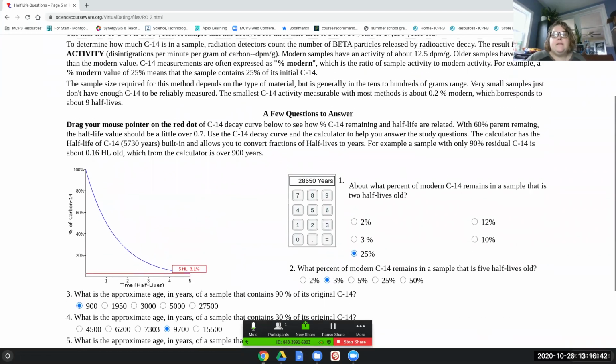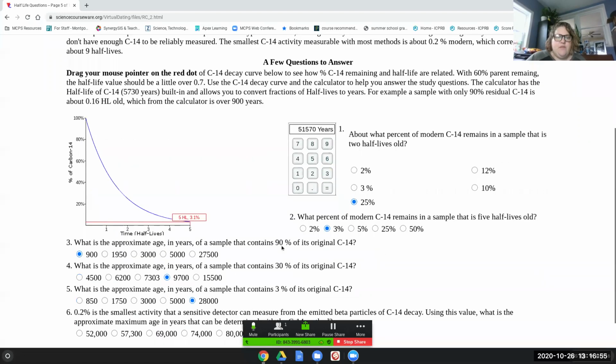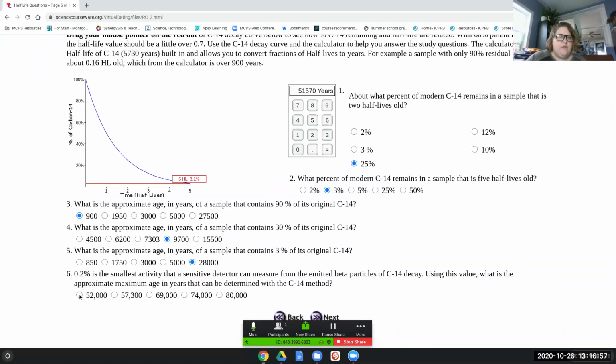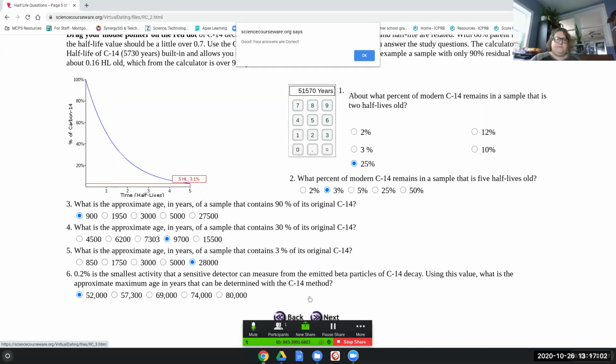No, up here it was. The smallest carbon-14 activity measurable with most methods is about 0.2% modern, which corresponds to about 9 half-lives. So I'm putting 9 in here. And that's 51,000 or 52,000. If I check my answers, I'm good.